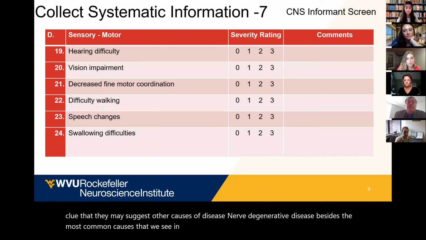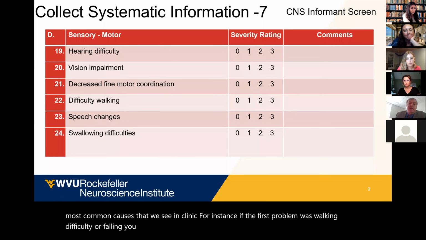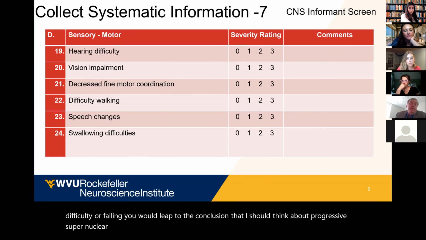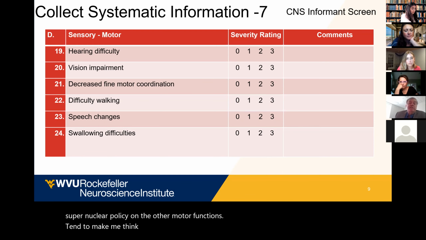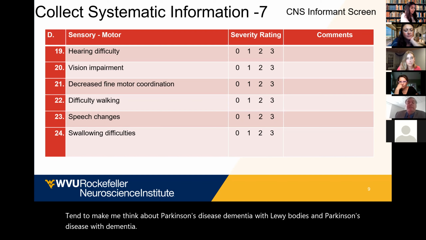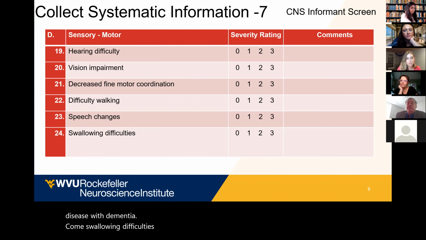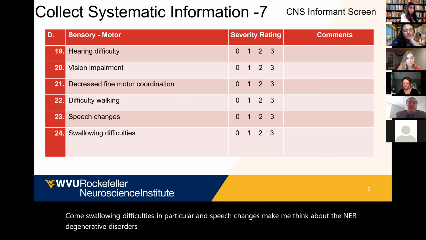For instance, if the first problem was walking difficulty or falling, you would leap to the conclusion that I should think about progressive supranuclear palsy. The other motor functions tend to make me think about Parkinson's disease, dementia with Lewy bodies, and Parkinson's disease with dementia. Swallowing difficulties in particular and speech changes make me think about the neurodegenerative disorders related to language problems.